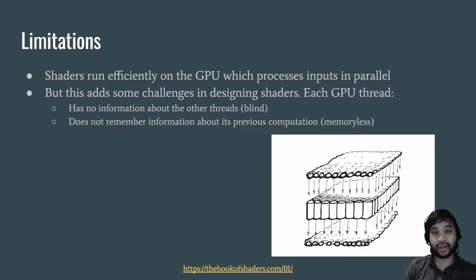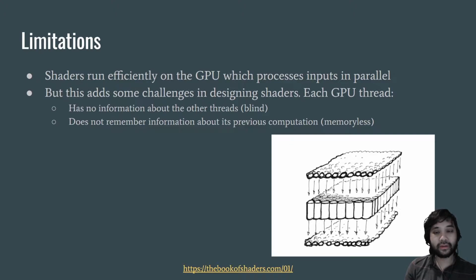It's also memoryless, meaning that after a thread has done its computation, for example, it draws the color red, in its next cycle, it has no memory of what it drew the last time. So it doesn't remember that it has drawn a red pixel.